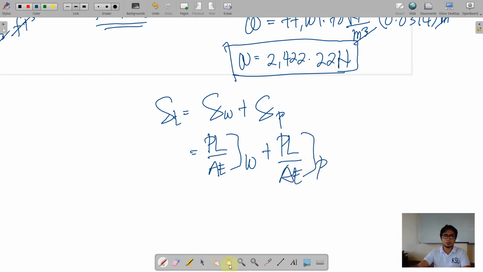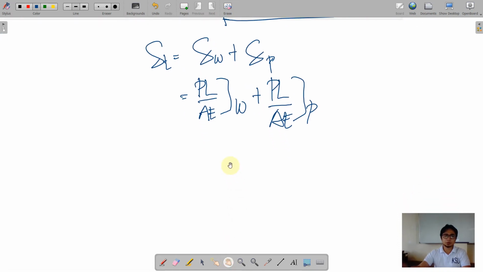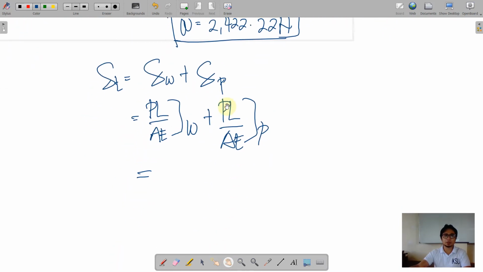Okay, substituting the values, the computed weight here, or the self weight of the bar, is 2,422.22. So we shall multiply it by the length.